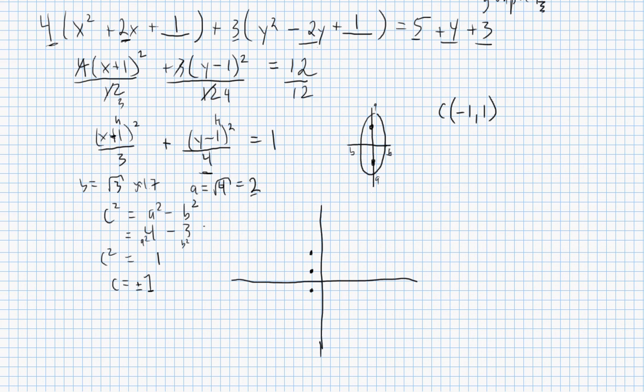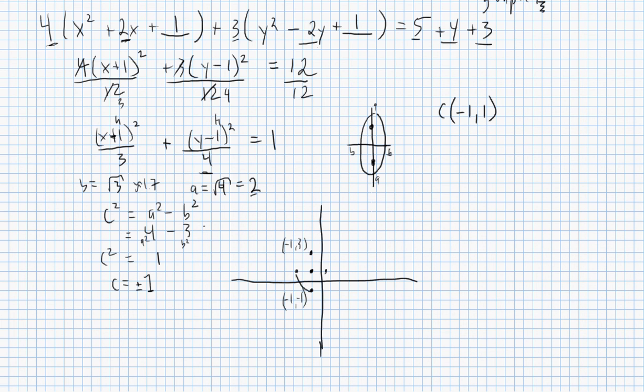So you can see that the coordinate of that vertex up there is -1, 3. And this vertex is -1, -1, right? Okay, and we're going to count over rad 3 for the other minor axis vertices, which is about 1.7, so that's approximately there and approximately there.